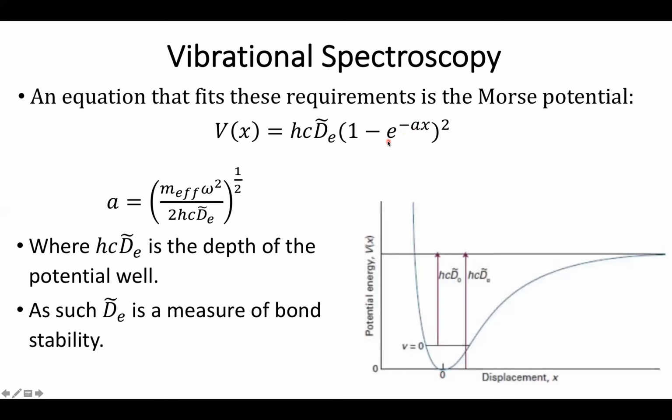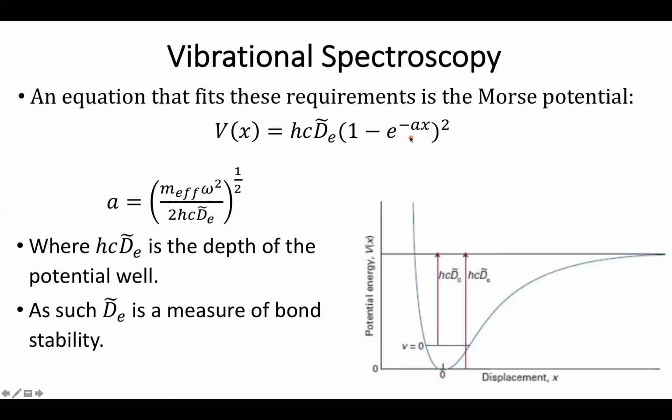So this value will increase drastically. And 1 minus this value, I'm going to have a very negative number, becomes very positive, and thus I have a well that quickly becomes infinite as that x value essentially increases.